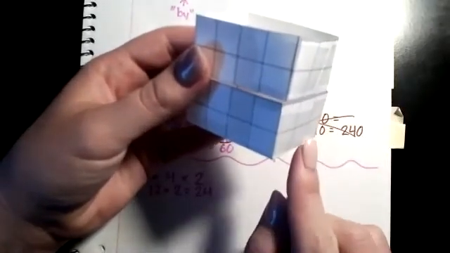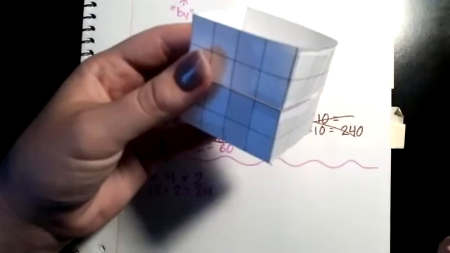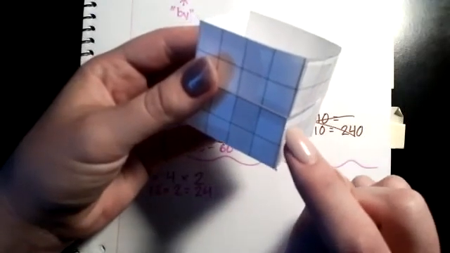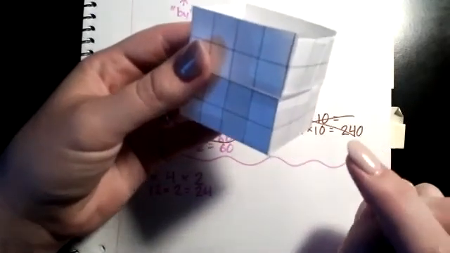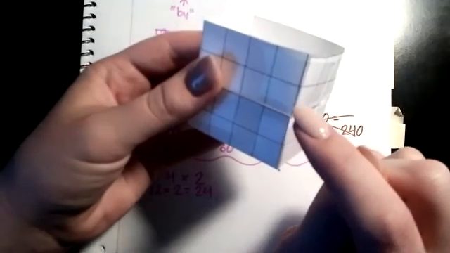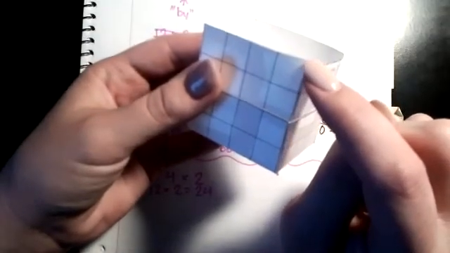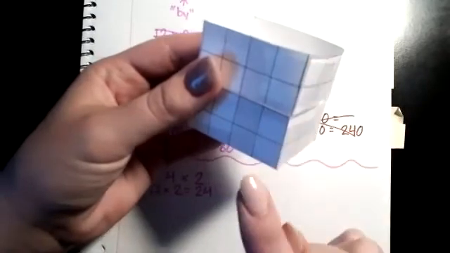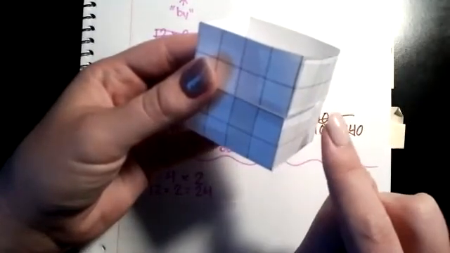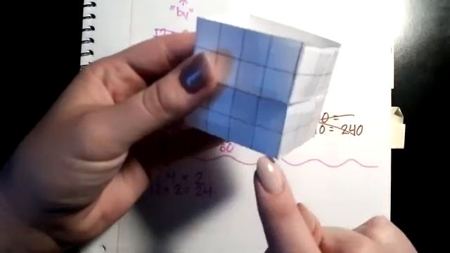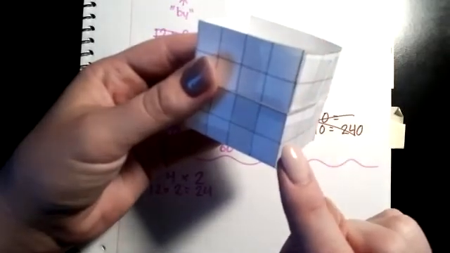There's still only 3. The only number that changed was my height. My height was only these 2. Now my height is 2, 4. So my height doubled. My length and my width stayed the same, but my height doubled, okay?